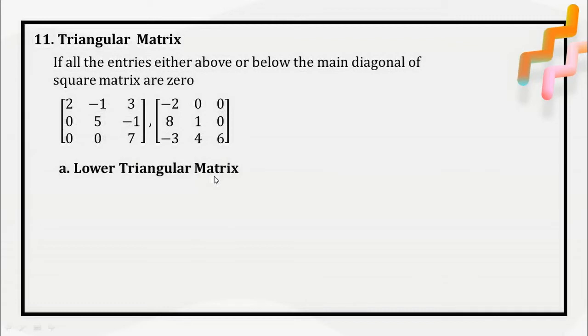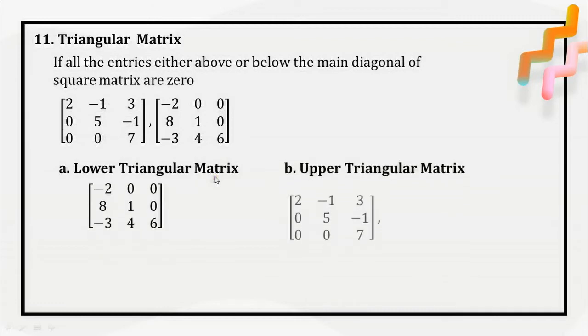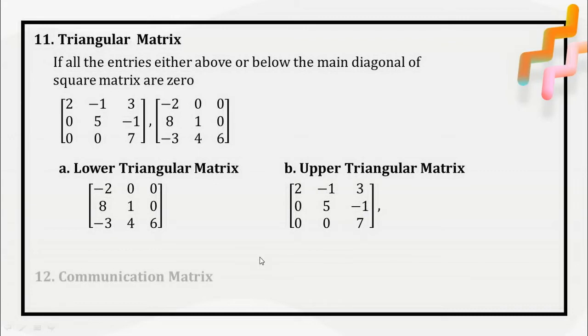Triangular is divided into 2: the first is lower, and then the second is upper. Lower, this one 0, 0, 0. How do we know it is lower? Lower is when they have values in the bottom, and upper is when they have values up here. So this one is an upper triangular matrix.